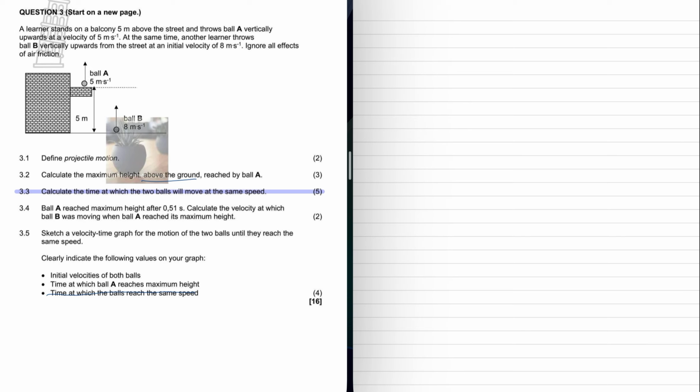Let's try it. Most learners would do the following. They would say, okay, if it's traveling at the same speed, I'm going to say that the final velocity of A is going to equal the final velocity of B. They would then substitute: Vi plus a delta t is equal to Vi plus a delta t.